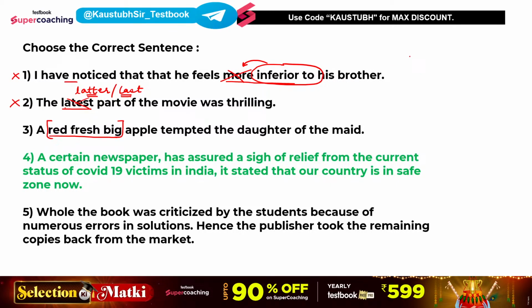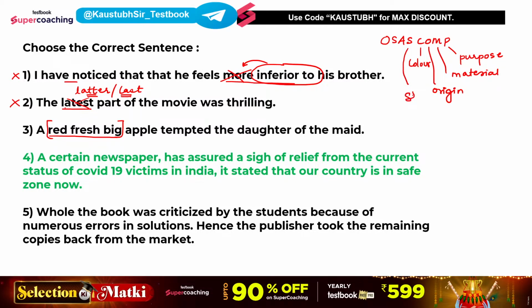Because when we have multiple adjectives, we use the formula OSASCOMP. You guys know about OSASCOMP? P is for purpose. M is for material. O is for origin, country of origin. C is for color.